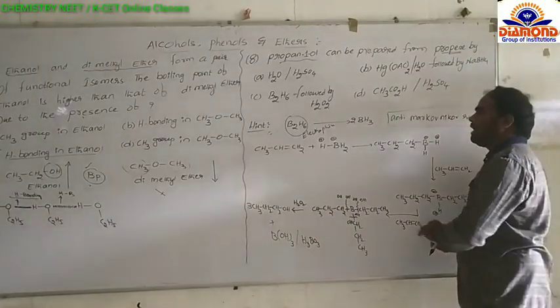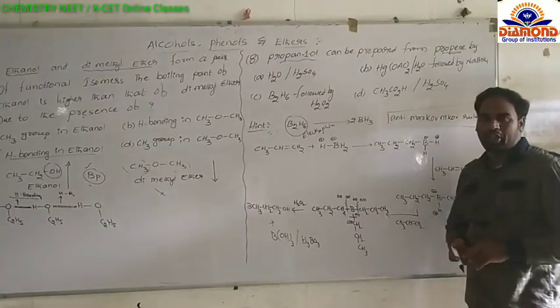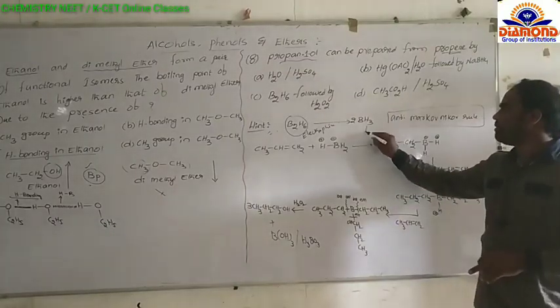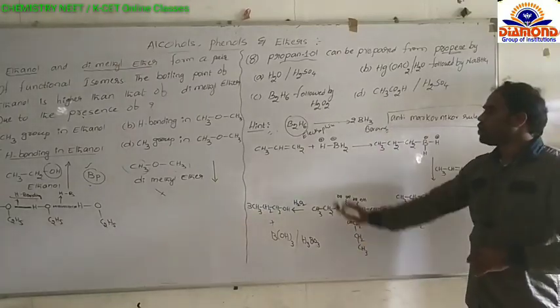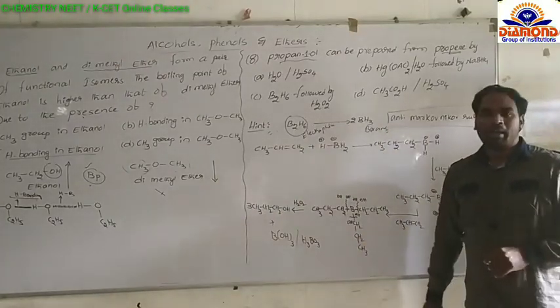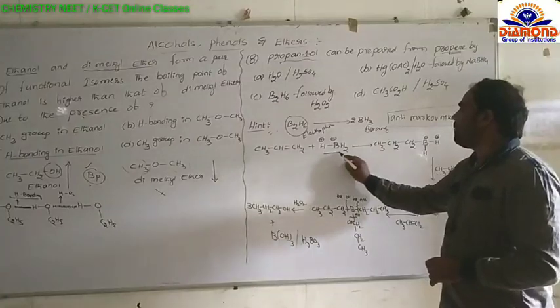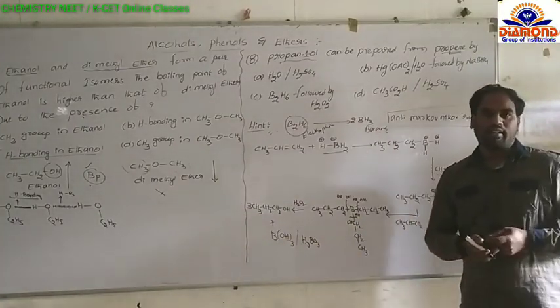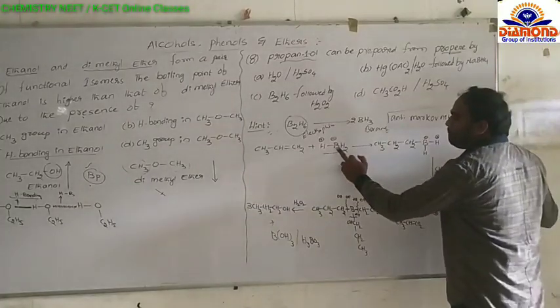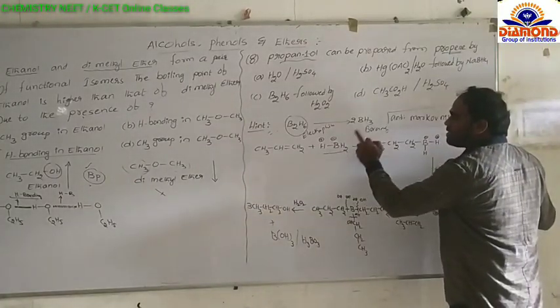This diborane forms BH3, borane, boron and hydrogen. For our convenience, this BH3 is also written like this, boron and 3 hydrogens.